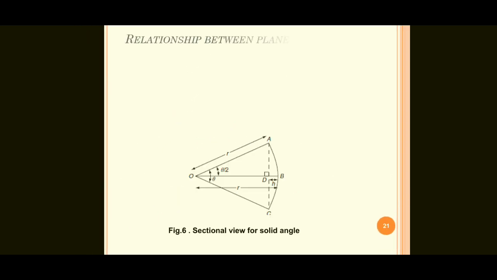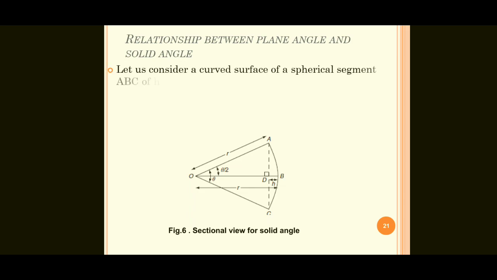So next one, the relation between plane angle and solid angle. So what is the relation present between plane angle and solid angle? Now let us consider a curved surface of spherical segment ABC of height h and radius of the sphere R as shown in figure 6. Sectional view of the solid angle here.